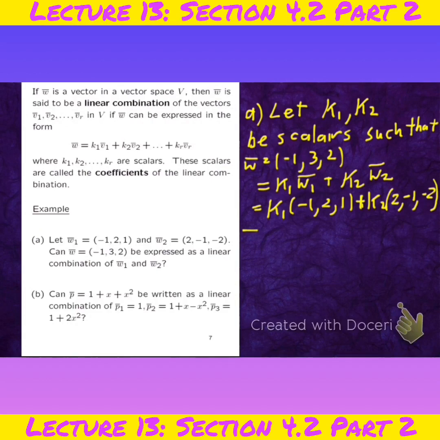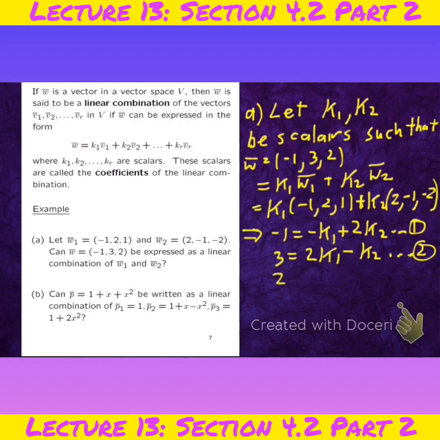So for that to hold, we need three equations. -1 must be equal to -K1 plus 2K2. That's the first equation. The second one needs 3 to be equal to 2K1 minus K2. That's the second equation. And the last one is 2 must be equal to K1 minus 2K2.